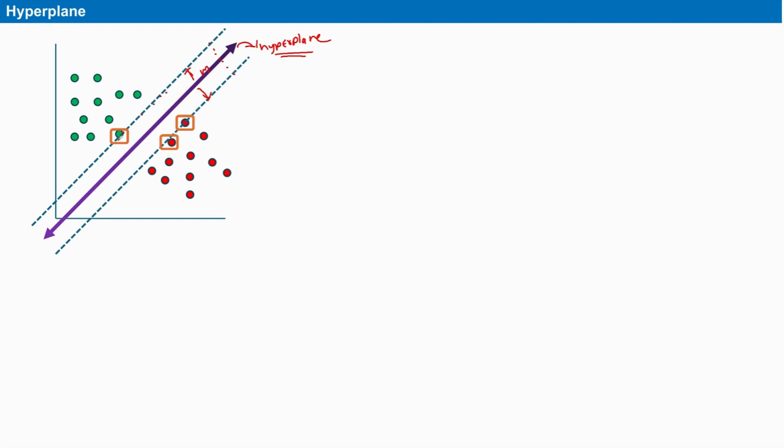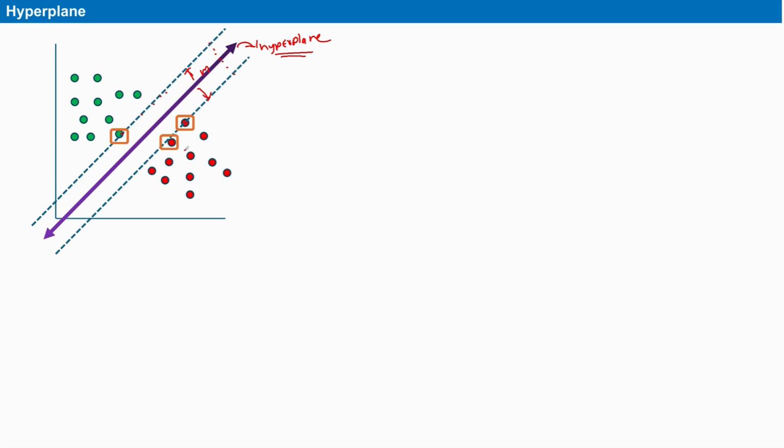For example, here you can see this positive margin is passing through this example, so it is also called a support vector. And this negative margin is passing through these two examples, so these are also support vectors. So this is about the components of the support vector machine.